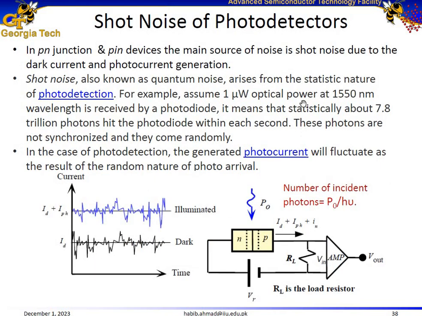Shot noise in a photodetector. As already mentioned, this photodetector has two kinds of noise: noise corresponding to the dark current and noise corresponding to the photocurrent. The dark current in itself has a statistical nature.